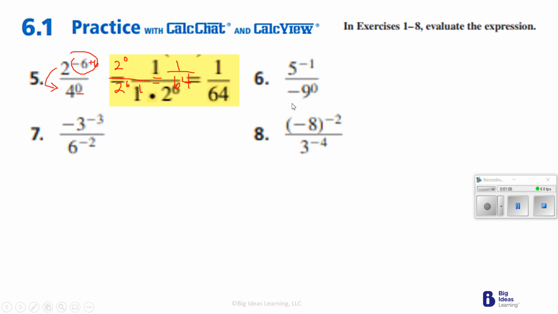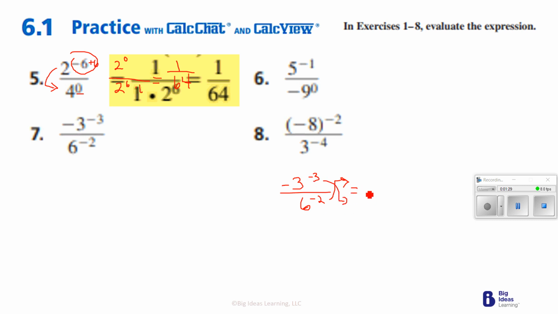All right, 6 is yours to do. Number 7. Now that I know where they're going to reveal, I'm going to work the problem over here. Negative 3 to the negative 3 power, number 6 to the negative 2 power. I'm going to have to switch this up here because it's a negative 2, and switch this down here because it's a negative 3.